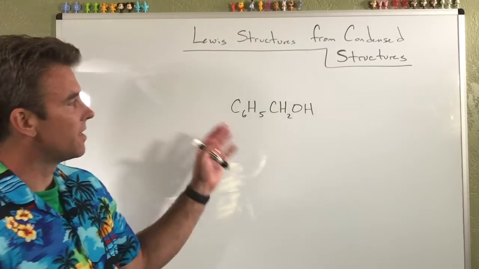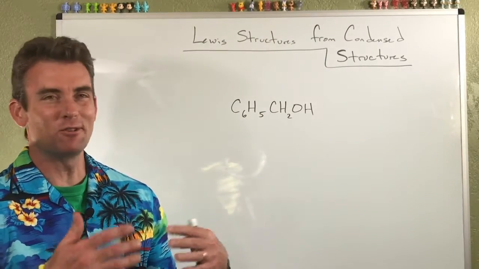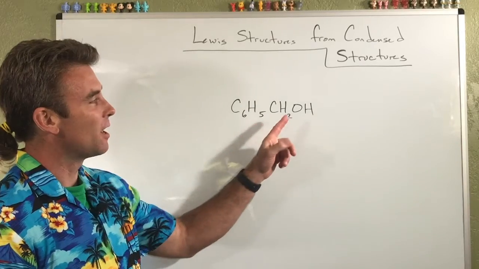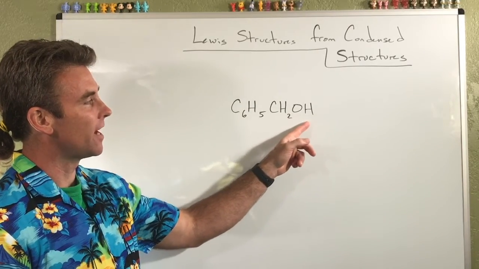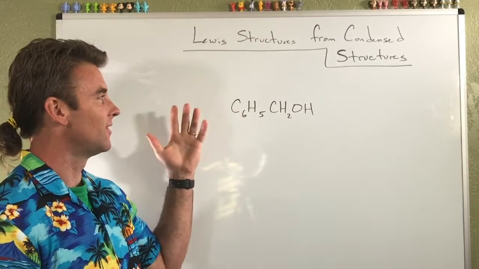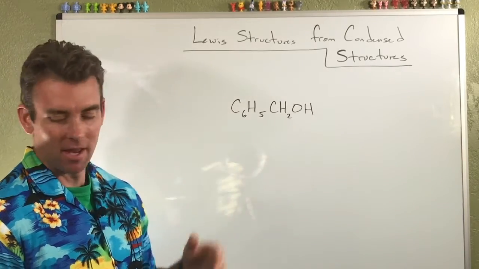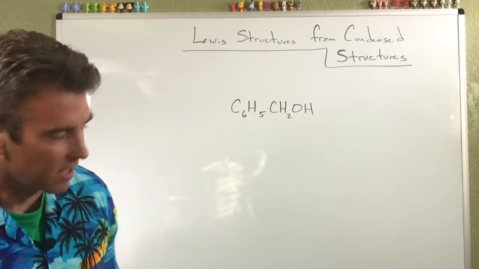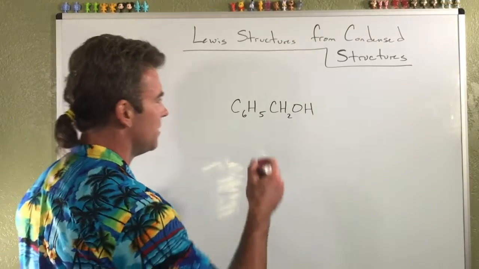Okay, so here's another, I guess, slightly spicier meatball here. And you'll notice that, first of all, we've got an alcohol, and it also looks like we've got a ton of carbons without many hydrogens. Well, it turns out this is a type of functional group that we haven't really seen much before.